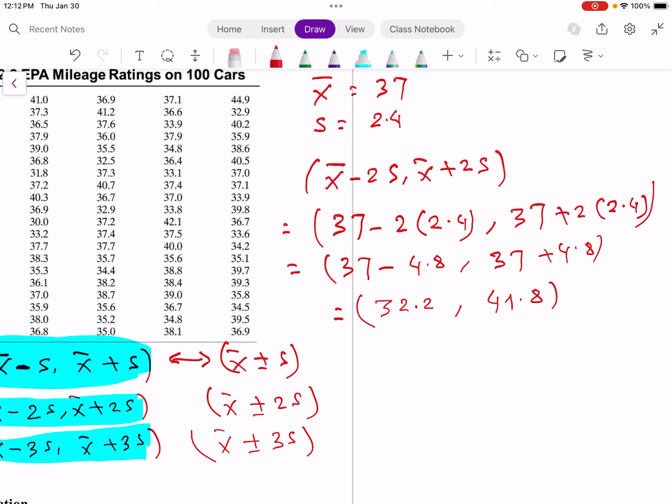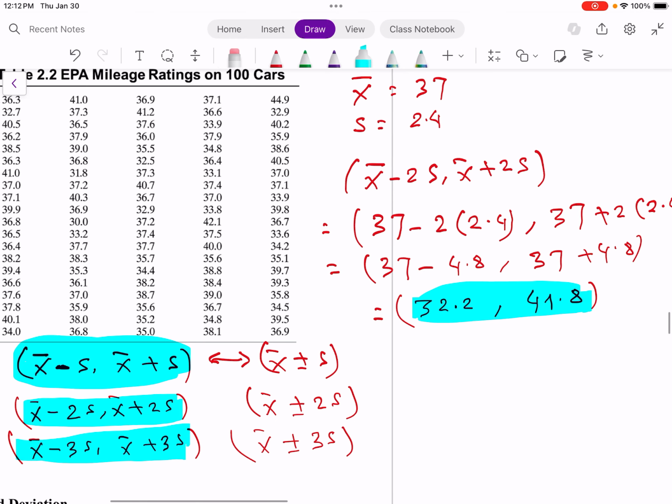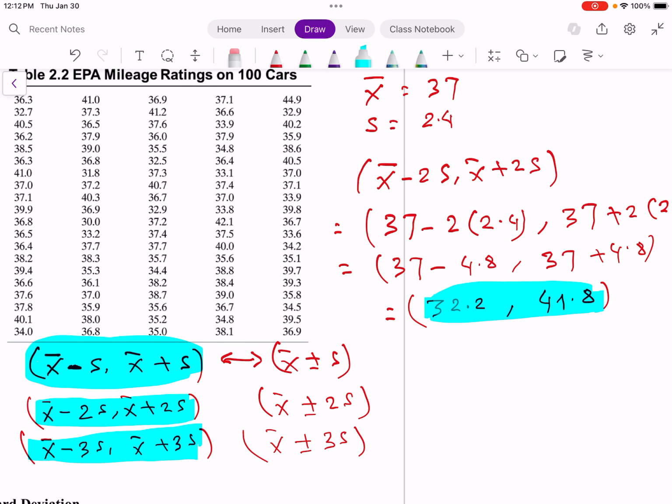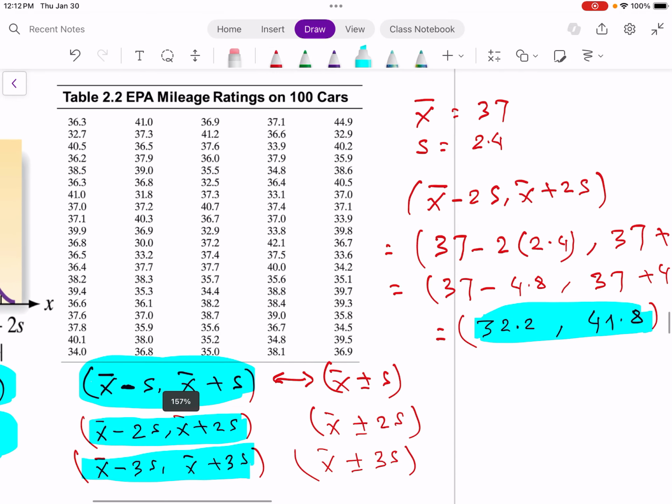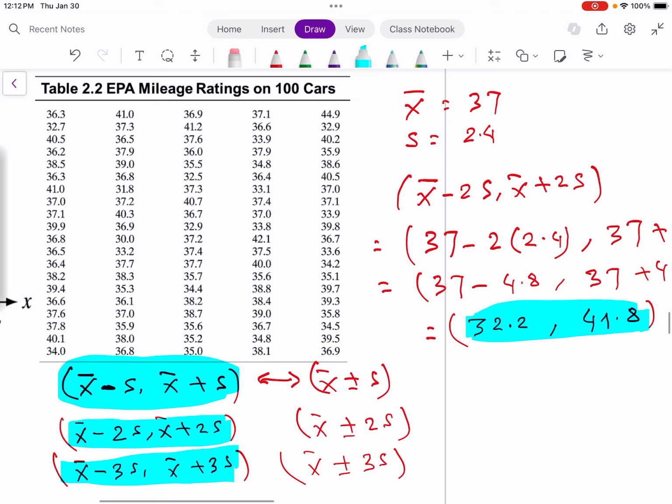This interval tells us that we are looking for numbers which are greater than 32.2 and less than 41.8. Now we will count the number of measurements in this data set which are greater than 32.2 and less than 41.8.